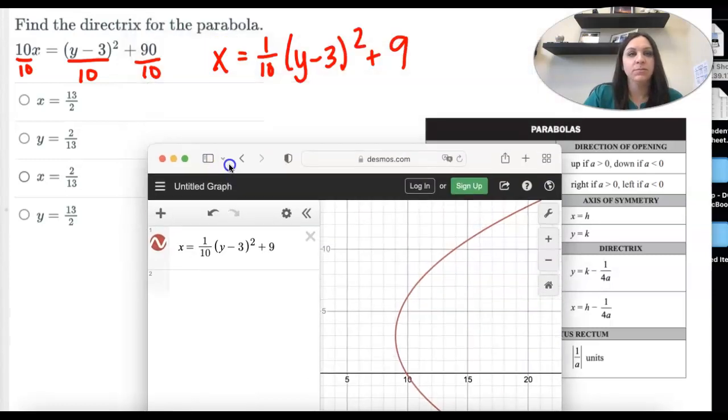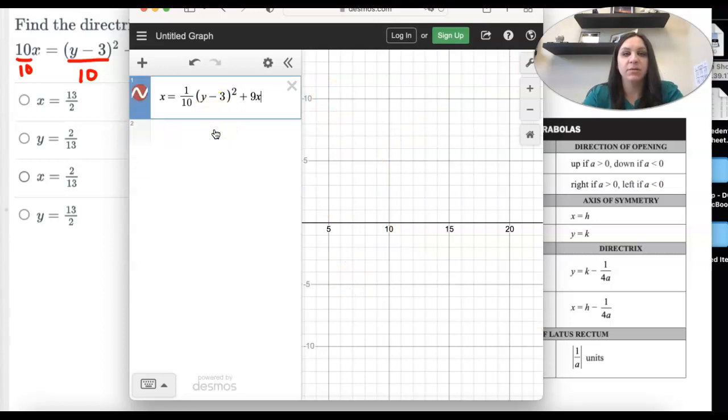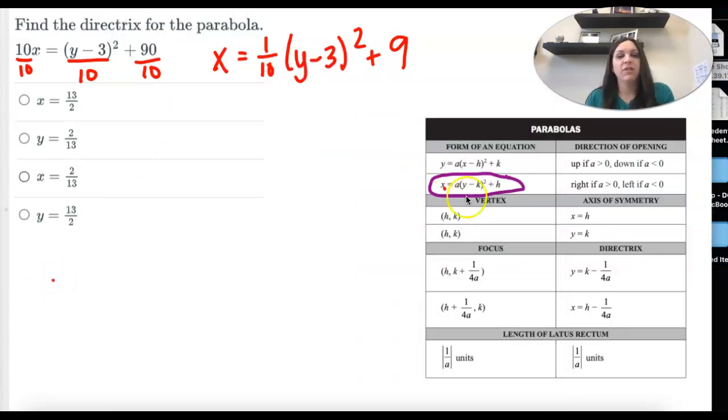So somewhere over here is the focus, and then the directrix is going to be a line like x equals, I don't know, we got to figure out what it is, but it's some vertical line. So we have this equation that's going to help us find the directrix. Okay, so it's an x equals, so it's going to be this one.